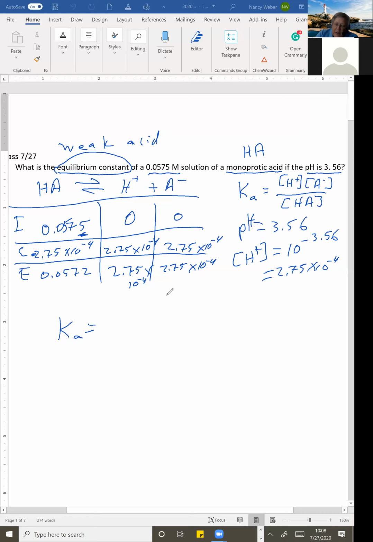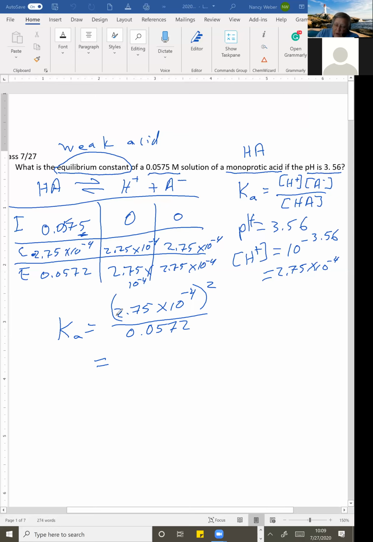That's just going to be the H times the A, so it's going to be 2.75 times 10 to the minus 4 squared, like that. And then when I work it out, a couple things to be careful of on your calculators. Use parentheses generously.